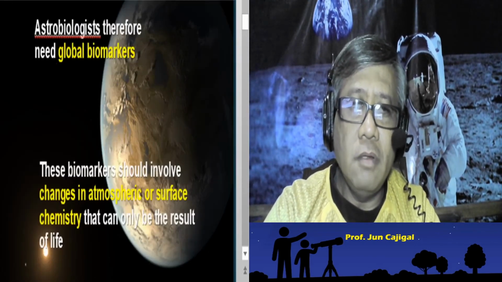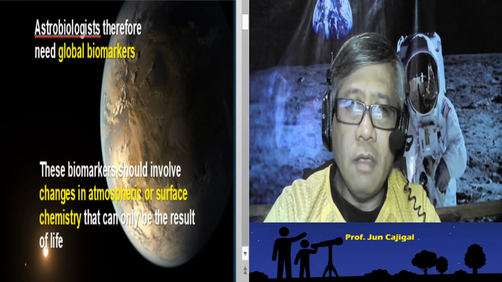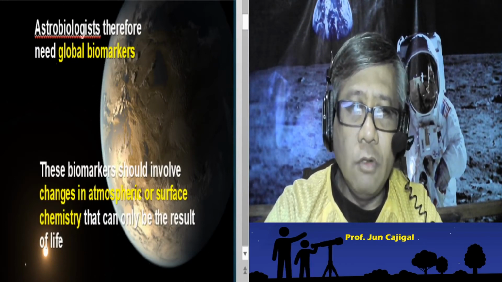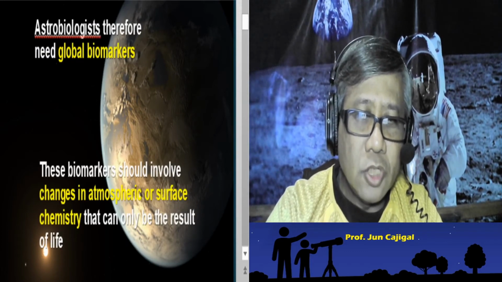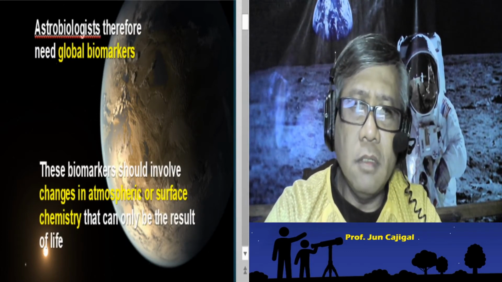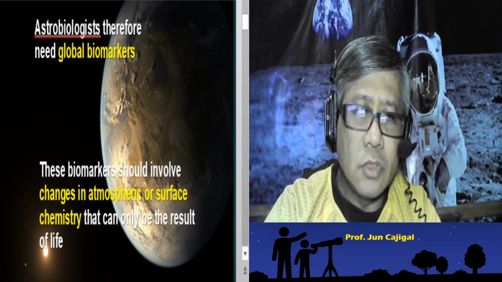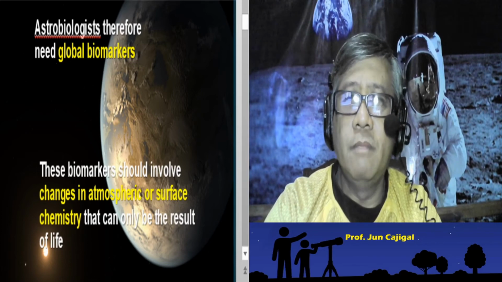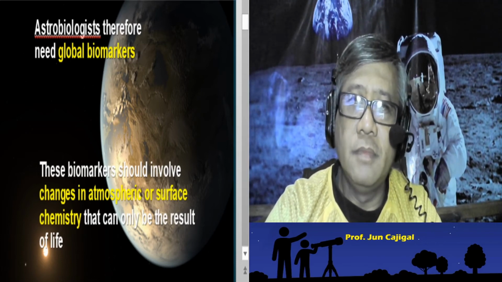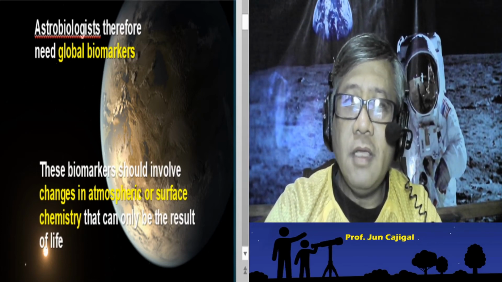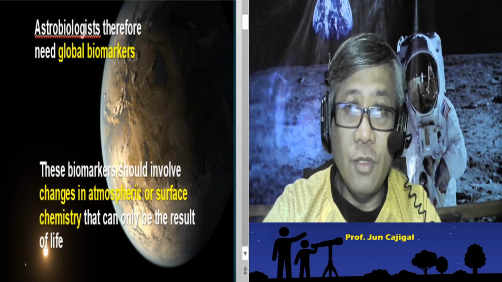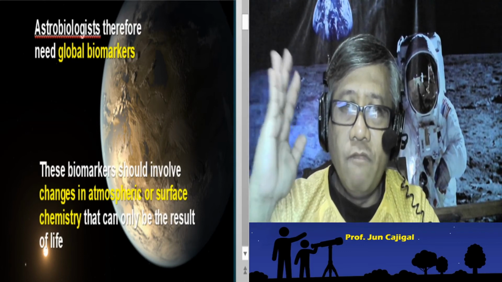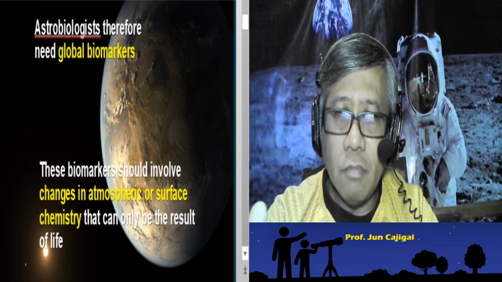Now, astrobiologists are looking for global biomarkers. Okay, these global biomarkers should involve changes in the atmosphere or surface chemistry that can only be the result of life processes. Okay? Ayan, so ayan yung hinahanap ngayon natin. Since we cannot visit those exoplanets, astrobiologists are now looking for these global biomarkers.